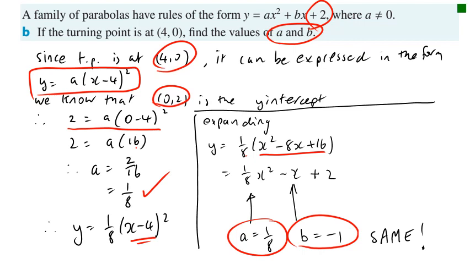In the meantime, we already knew that the a was equal to 1/8, but because we wanted to find out what the b was equal to, the b is the coefficient of the x, so it's equal to -1. And of course that's the same as what we got before, so we're feeling quite satisfied with ourselves.